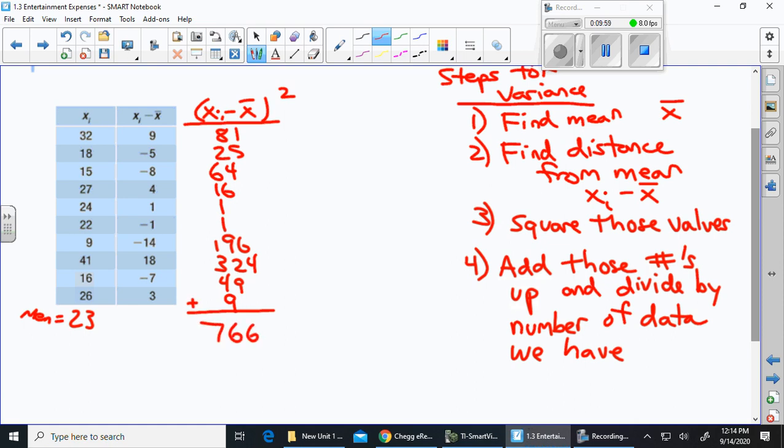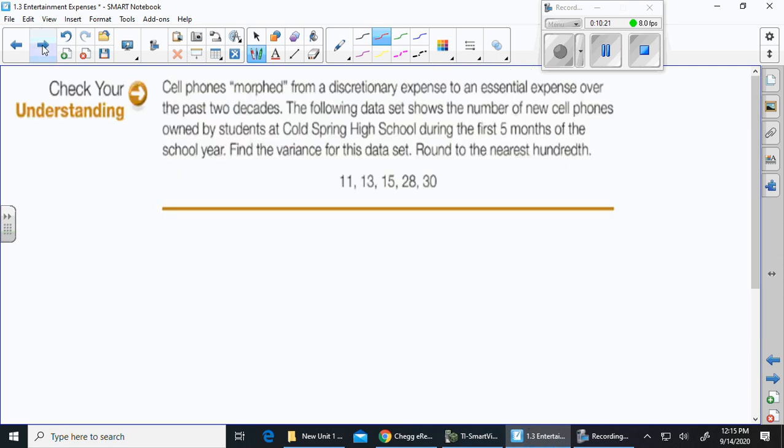We're going to divide by how many numbers we had here, which was 10. So we divide by 10, and our variance is 76.6.